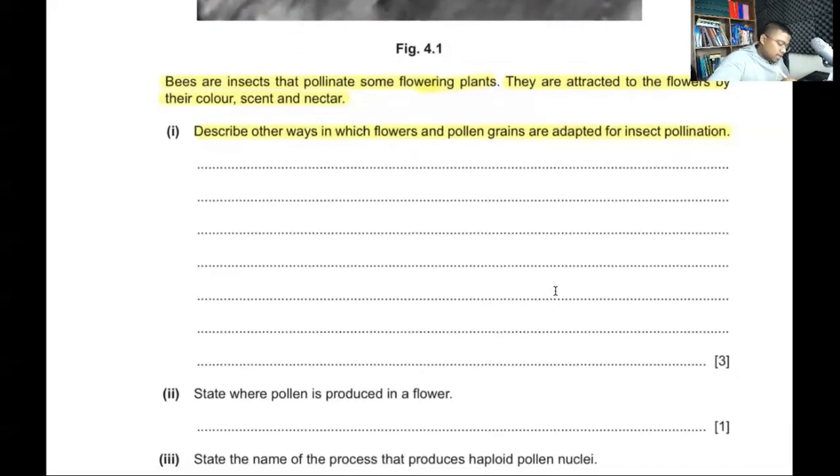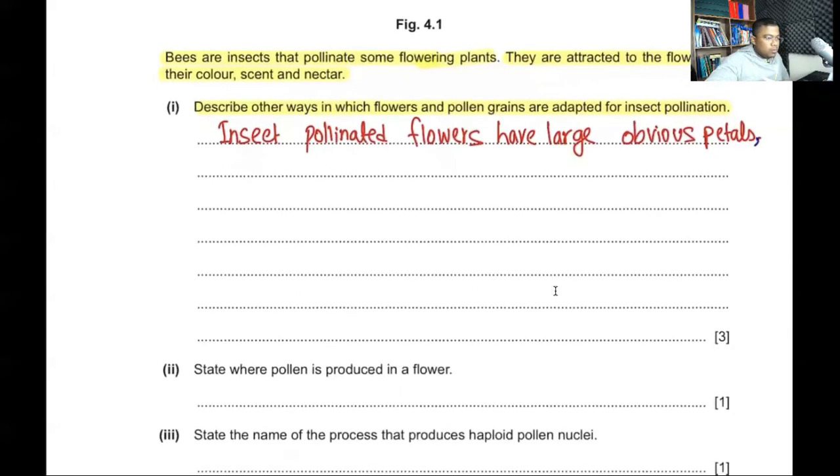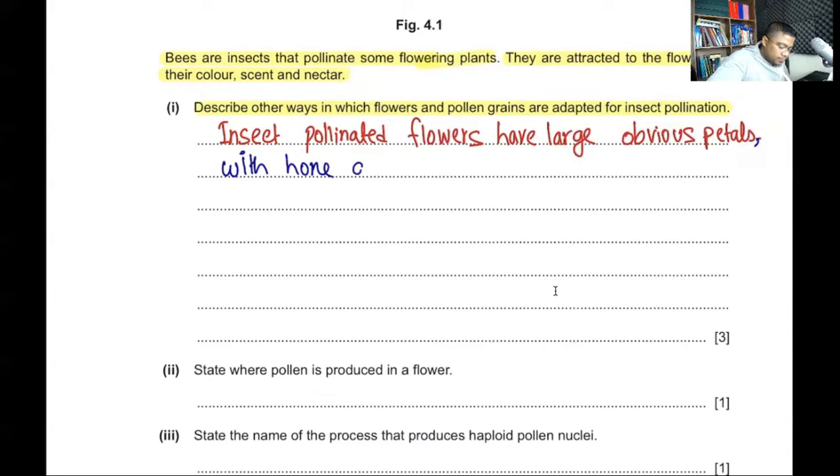So first, we would say insect pollinated flowers have large, obvious petals with honey guidelines.